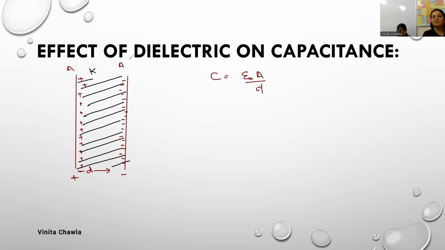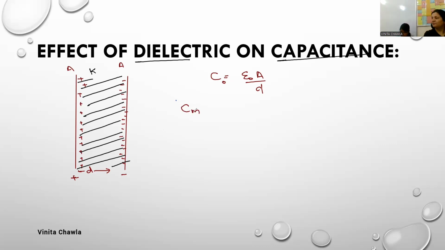Then, because of this dielectric, how will the capacitance of the capacitor change? This is the question. Initially we had considered the case when we have nothing between the plates. Now we are assuming that these plates are filled with a dielectric medium. Then what is the capacitance in the medium?